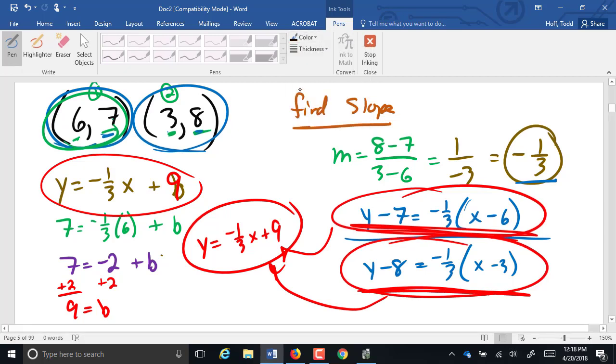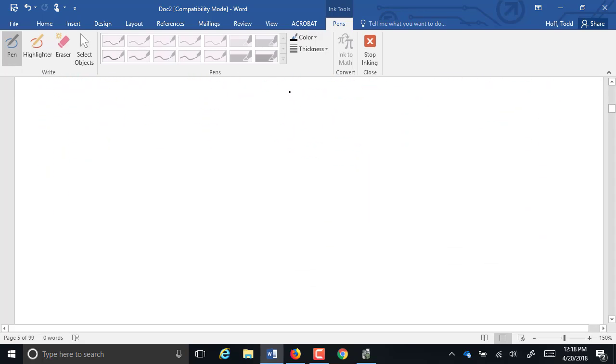So let's do one more example of that. Find the equation, and I'm going to specify in slope-intercept form.